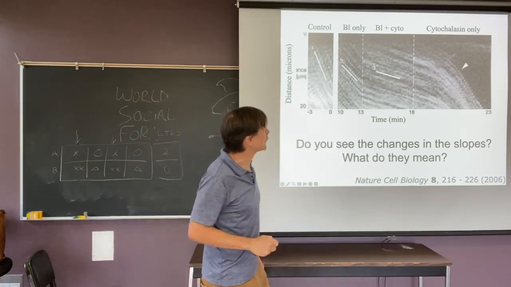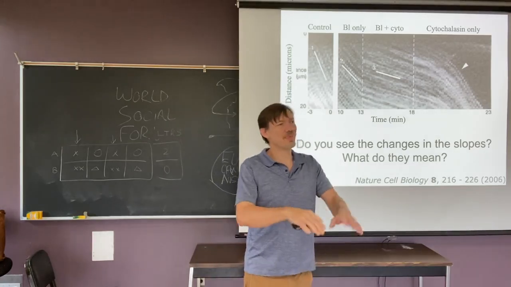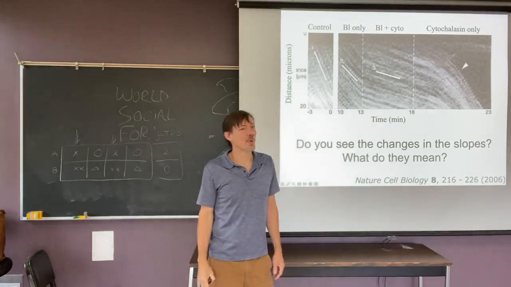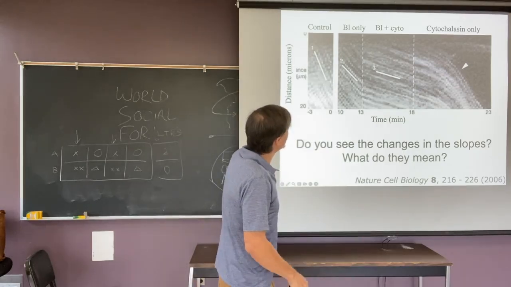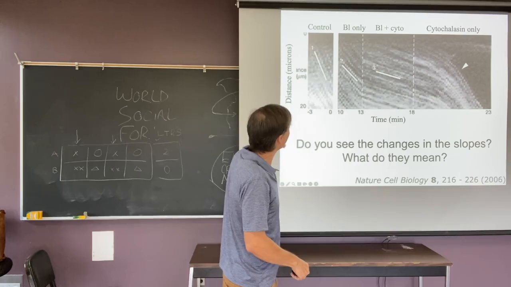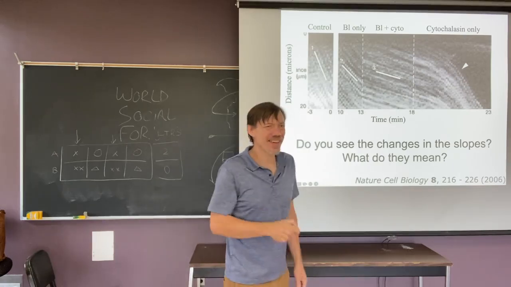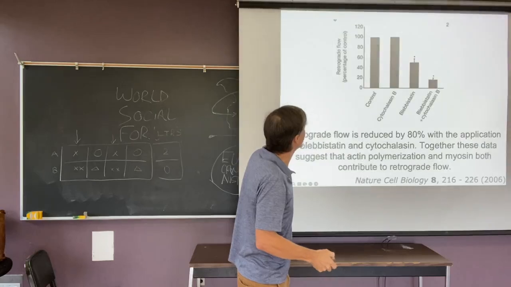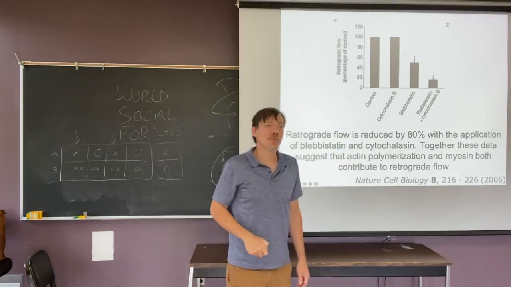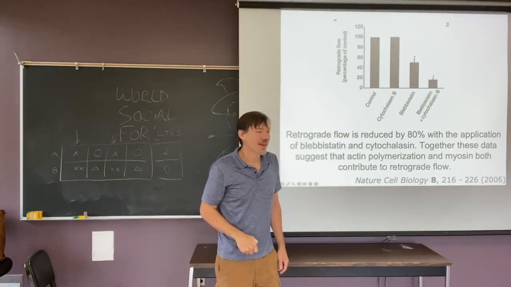All right. This is getting into a deeper topic, and that is, if you just add cytochalasin, it doesn't have quite the same effect that you would expect to see otherwise.